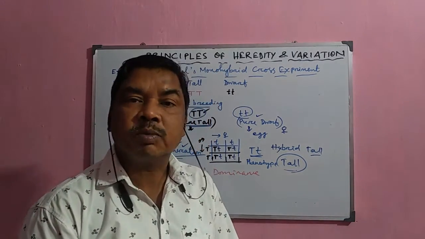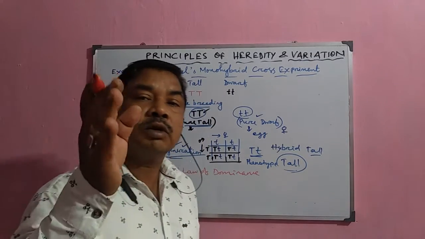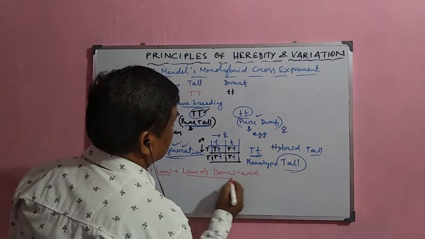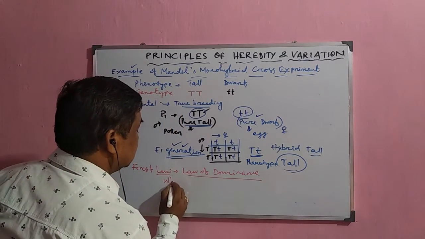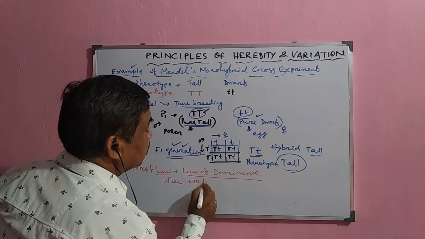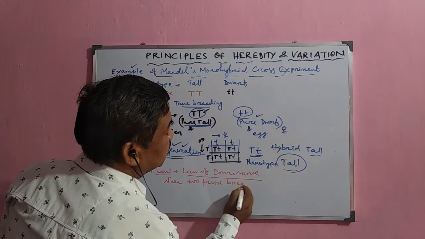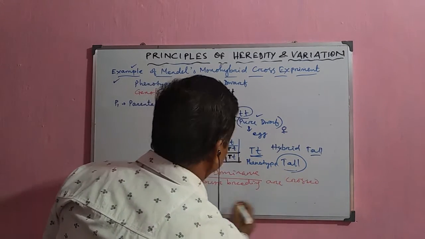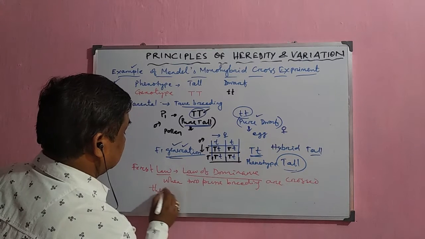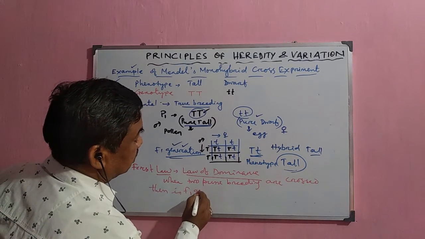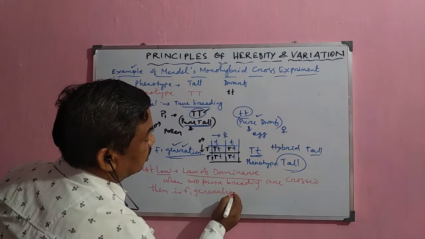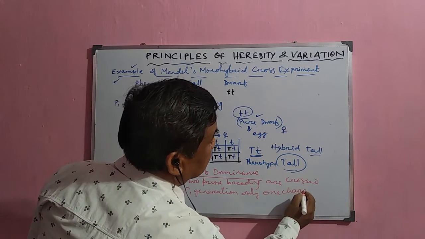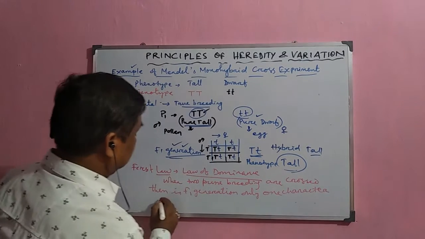The character which is expressed is called the dominant character, and the character which is suppressed is called the recessive character. This is the law of dominance. So when two pure breeding varieties are crossed, then in the F1 generation, only one character is expressed.